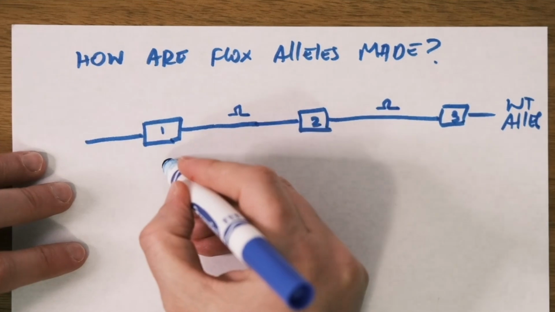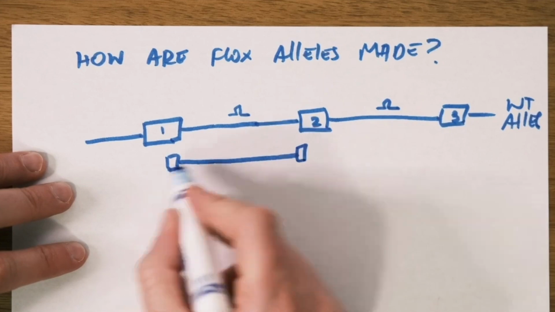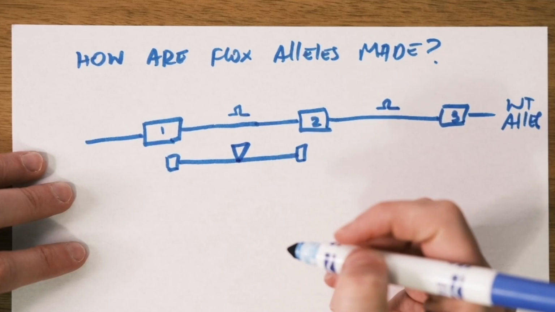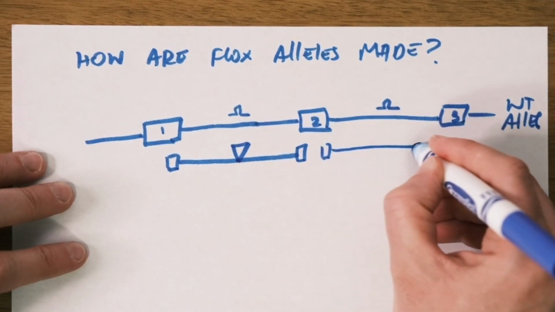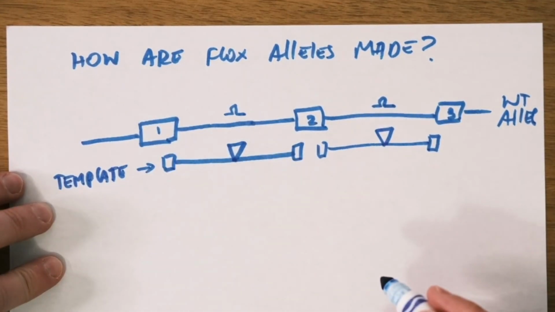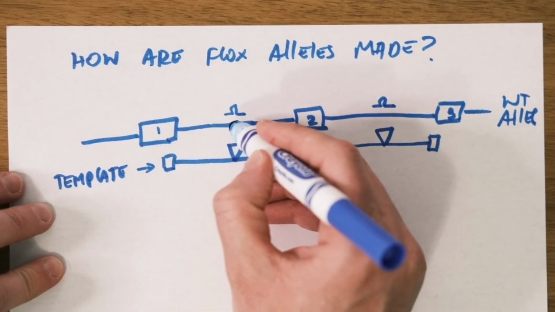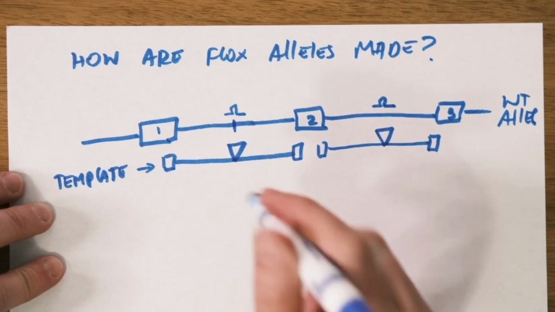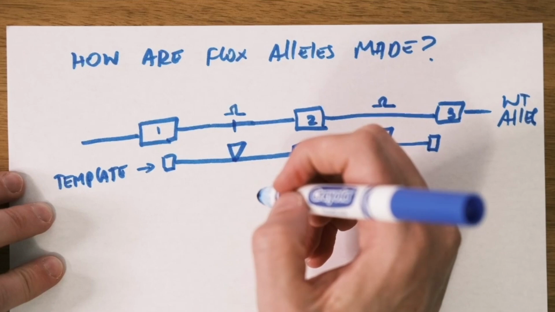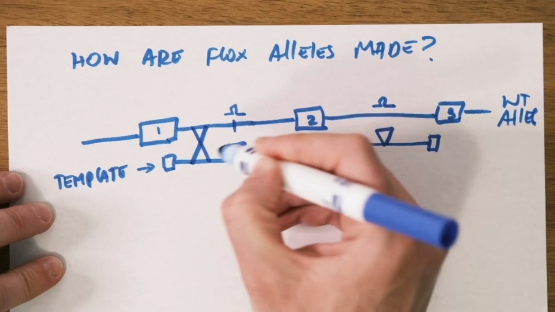Then we are going to throw into the cell this synthetic template that will span intron 1, or part of intron 1, and we are going to add here the LoxP site, and the same we are going to do for this other LoxP site. We have this template here, and what is going to happen when we have this mix inside the cell, there will be a cut here, then the cell will want to repair this, so it will use this template, therefore its name, to repair the damage generated, and that is done with two crossovers.